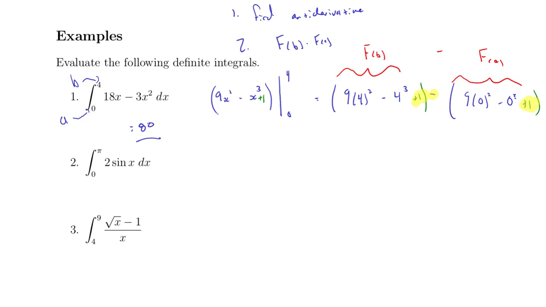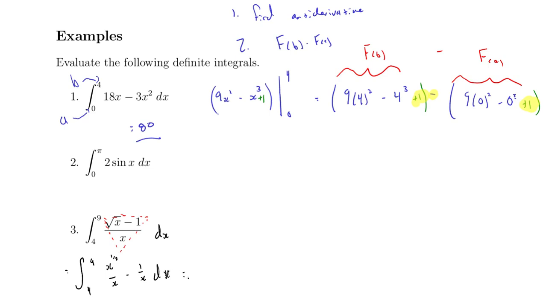All right, cool. Let's take a look at this next one, and on the third one maybe I'll give you a hint. Notice we've got this beautiful little upside down triangle. So that means we can rewrite this integral as the integral from 4 to 9 of x to the half over x minus 1 over x. Oh, I forgot my differential, dx.